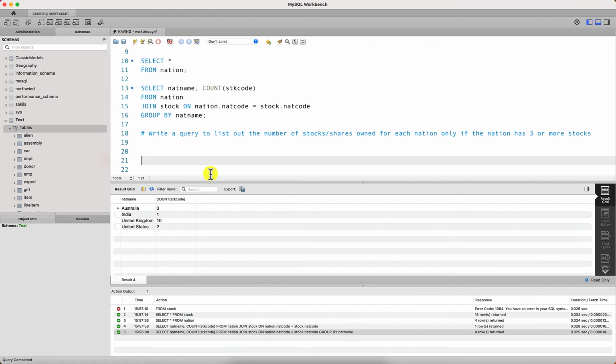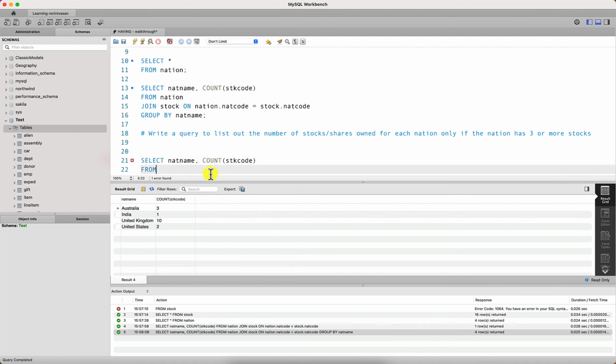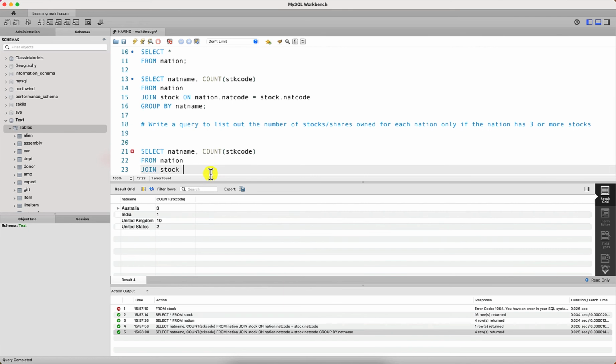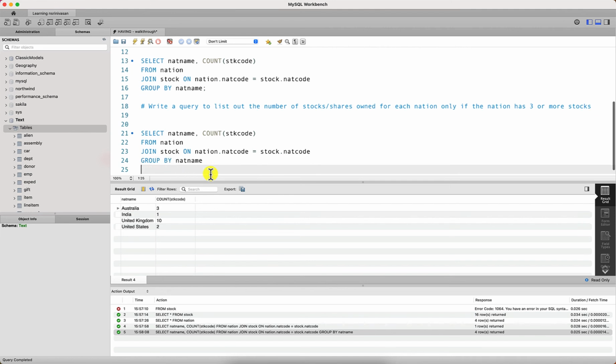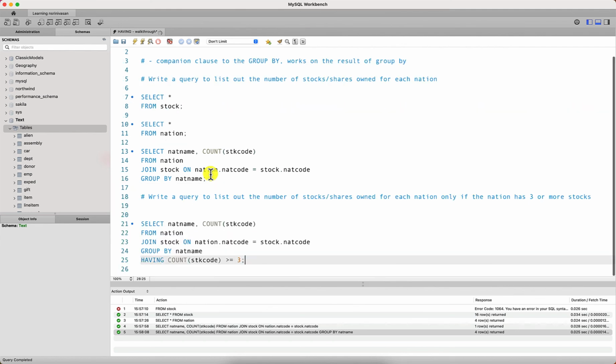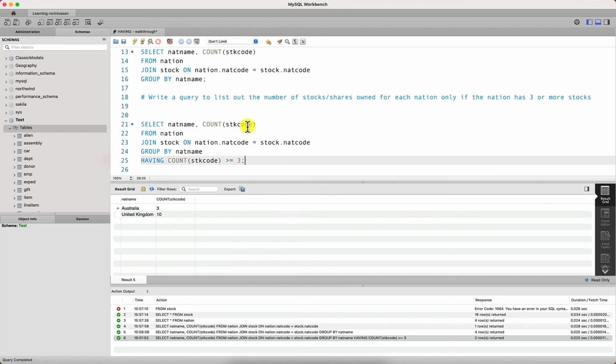And so I would have select nat name, comma, count of stock code from nation, join stock on nation.natcode to stock.natcode group by nat name, and the filter having the count of stock code greater than or equal to 3. This gives me the result I'm looking for.